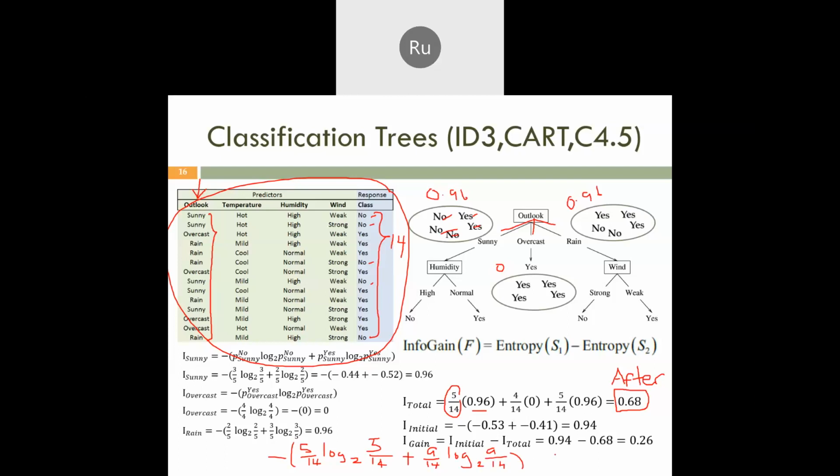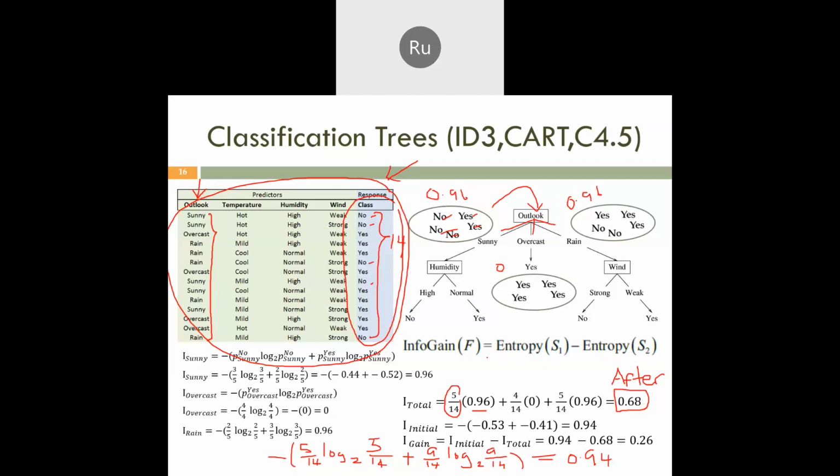So when you compute this one, you get 0.94. So this is before you splitting. Before you splitting, you still have a whole bunch of data, so it means we have one partition for all of this. After you split them using the Outlook, the value is 0.68.